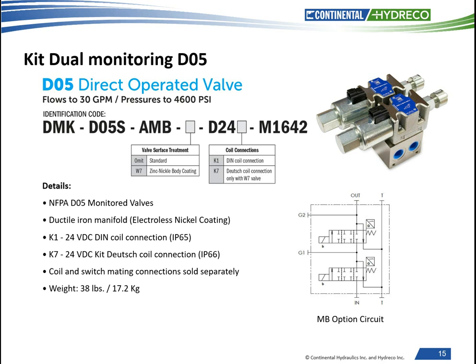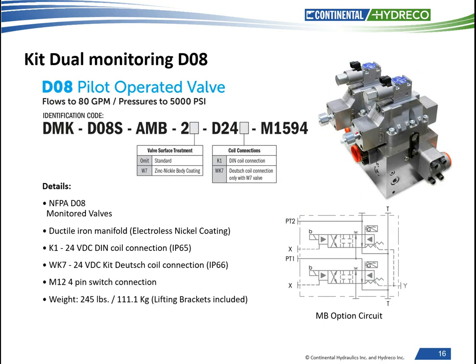The DO5 direct operated package is used for flows and pressures up to 30 gallons a minute, 4,600 psi. Just like in the DO3 package, they are designed correctly. We have the series parallel circuit, true 3-way spool design, the ductile plated manifolds with IP ratings as well.